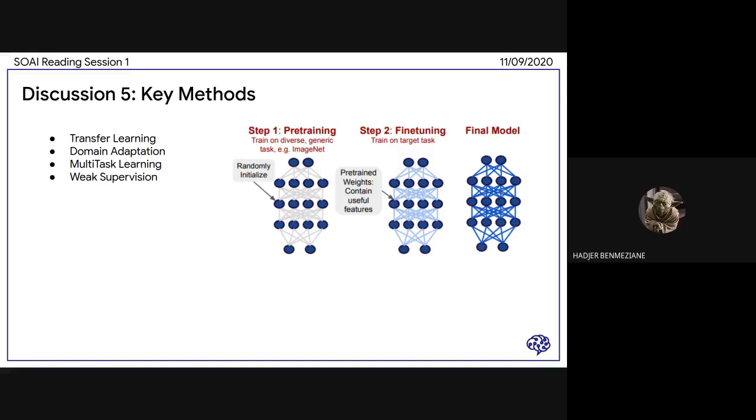Okay, I think we can go to the key methods of supervised learning unless you have any question. So I'll start, and if you have any question, just interrupt me. The first key method described in the paper is transfer learning. Basically, transfer learning is when we have a standard model and then we pre-train it, for example, on a data set like ImageNet, which contains millions of images with thousands of classes.